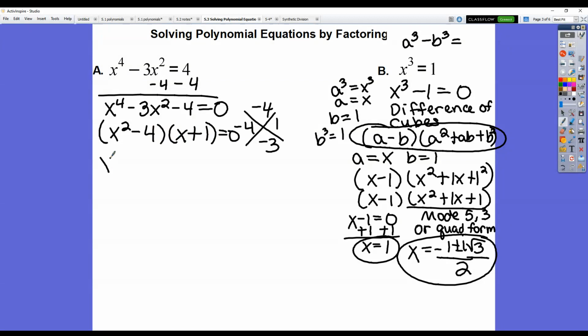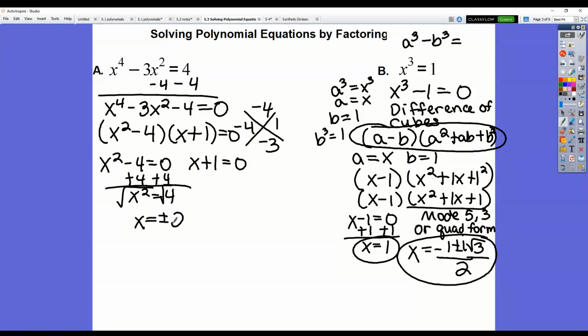And then solve. Okay, so once it's solved, there you go.